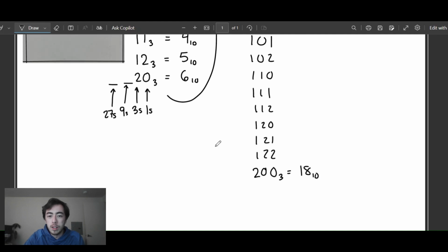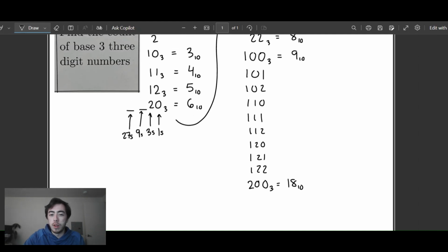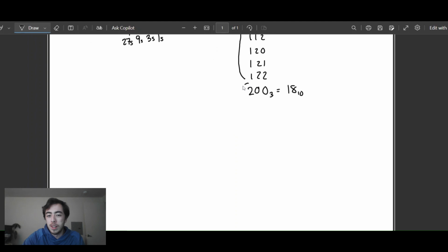Okay, so I feel like at this point, I could extrapolate a little bit. Here we can count how many 3-digit numbers start with 1. We have 1, 2, 3, 4, 5, 6, 7, 8, 9. And you can see that the next chunk will also have 9 in them. So I can just go dot, dot, dot, and there should be 9 here as well.